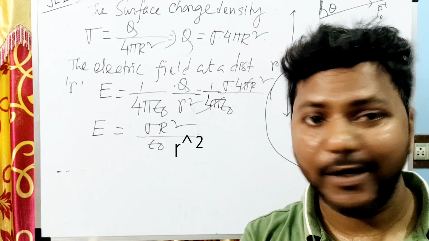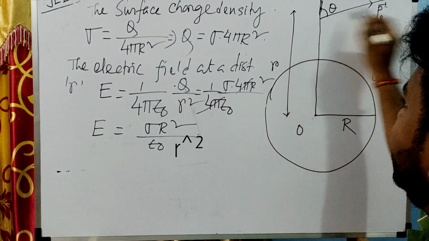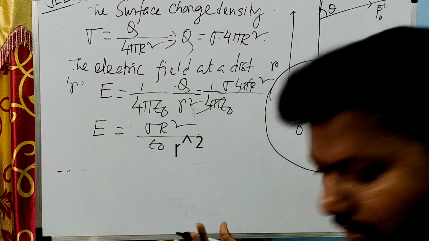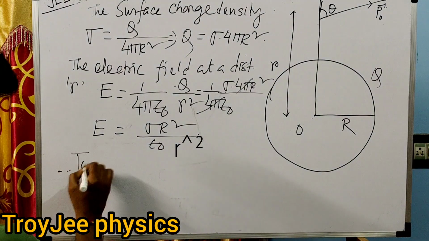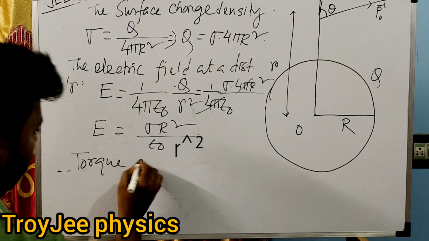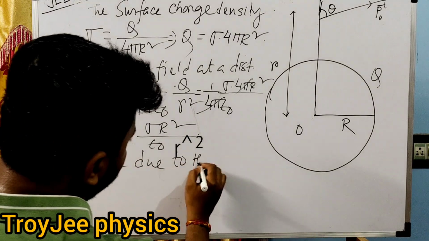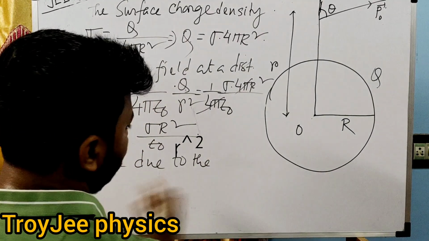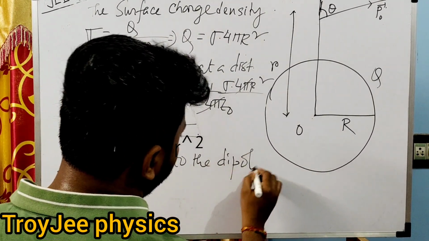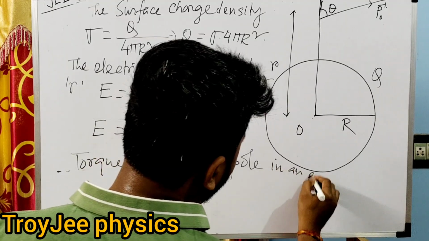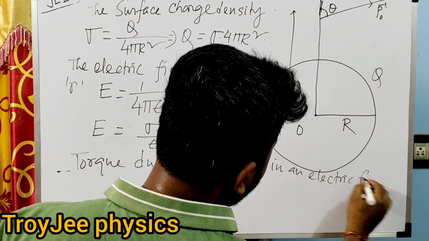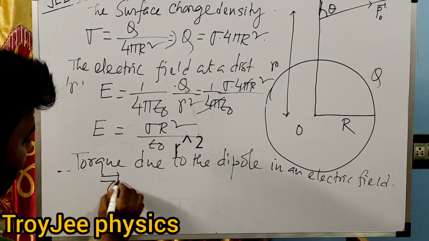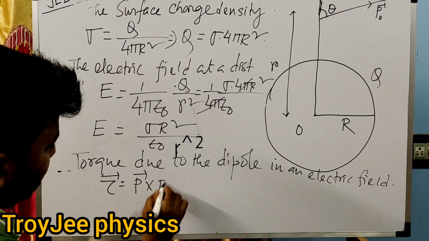Torque tau is equal to P vector cross E vector.